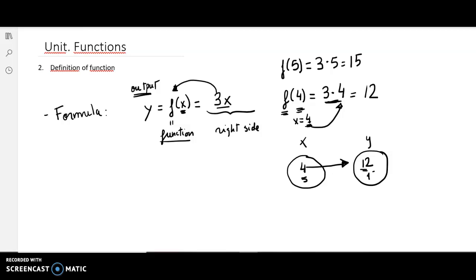Okay, so from 5 we have a relationship to 15. So a formula represents also a function. Let's see another way to see a function, with an ordered pair of numbers.